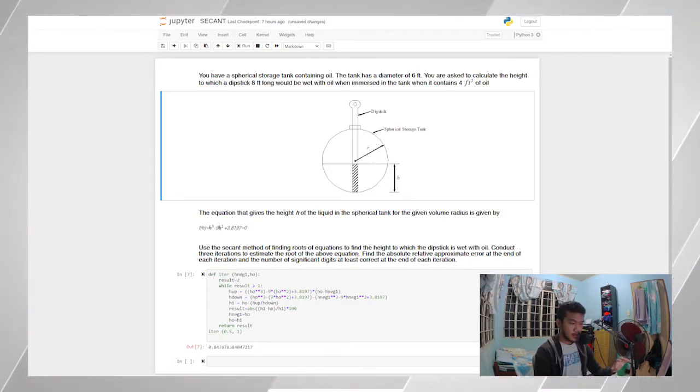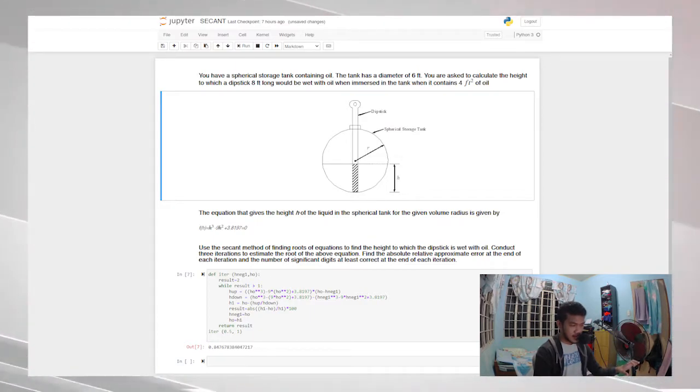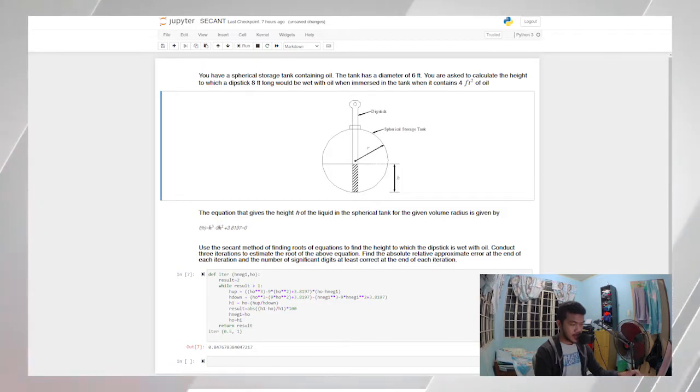Once we plug in the values we need, at first we let a value for h of 0 and h negative 1. For h negative 1 we have 0.5, and for h of 0 we have 1.